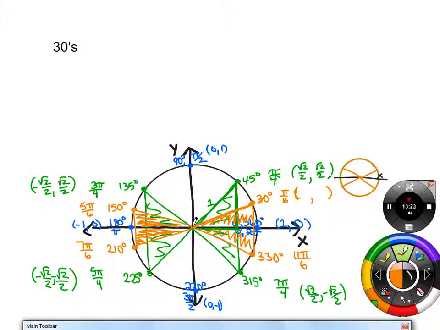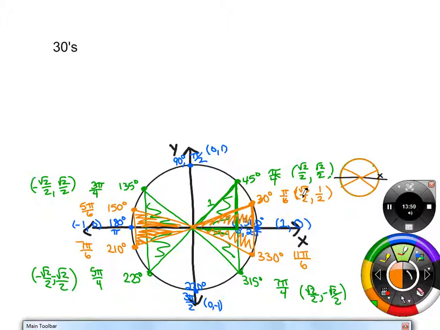So if this is the 30-degree angle, across from it right here, is that the 1/2 or the root 3 over 2? The 1/2. It's the smaller side, the 1/2. So in our case, the 1/2 is this length. Is that an x coordinate or a y coordinate? The y. So it's 1/2, which makes the x, the longer leg, equal to root 3 over 2.